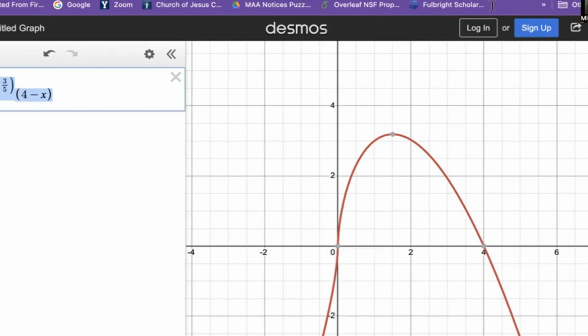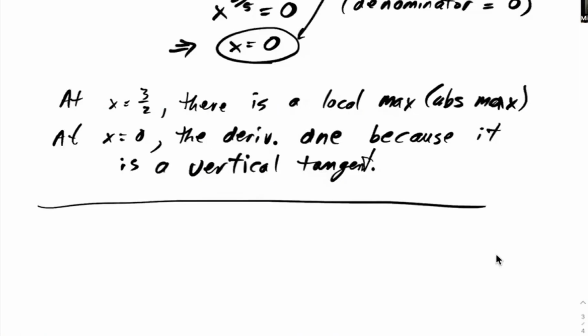All right, going back to my iPad here, you can see where I wrote this down. So at x equals 3/2, there's a local max and absolute max. And at x equals 0, the derivative does not exist because it's a vertical tangent. All right, one more thing here. Suppose my function is f of x equals 1 over x.